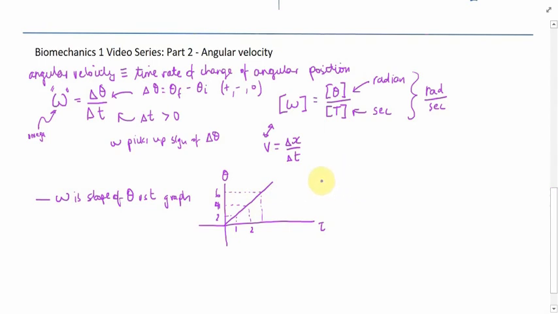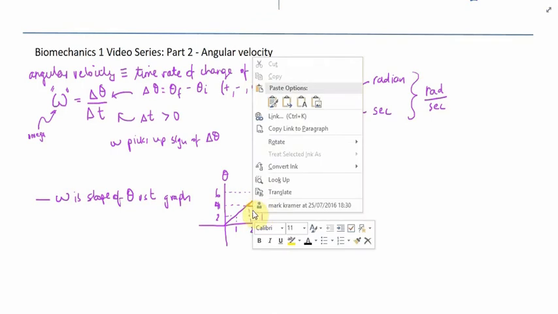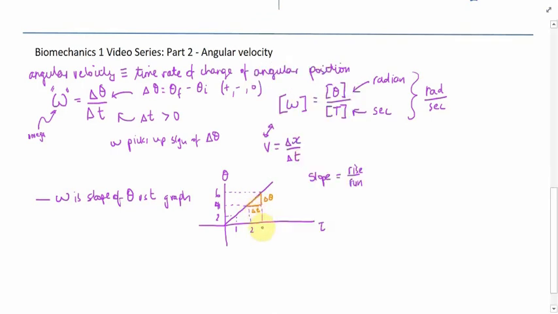So how would I calculate the slope? Remember that the slope is equal to the rise divided by the run. Since this is a straight line graph, I can take the slope anywhere. Let's take it between these two positions towards the end, between seconds 2 and 3.